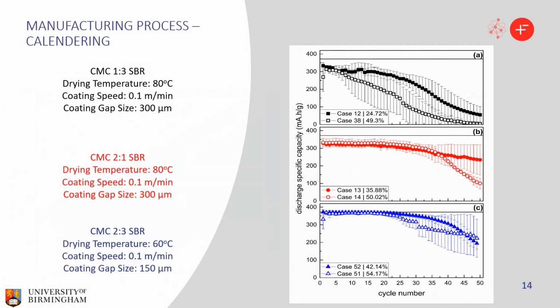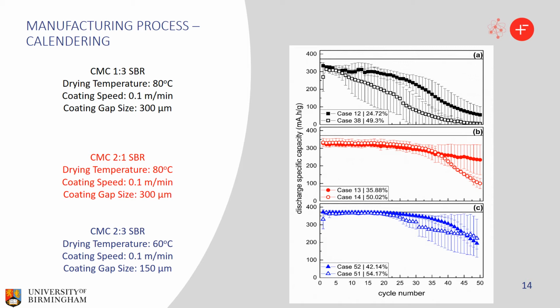Celsius. Finally, we examine the calendaring effect, which is a crucial part of the manufacturing process. And as you can see in the graph on the right, with solid symbols are the calendared electrodes, and with open symbols are the non-calendared electrodes. And indeed, there is a big difference in the cycling performance.